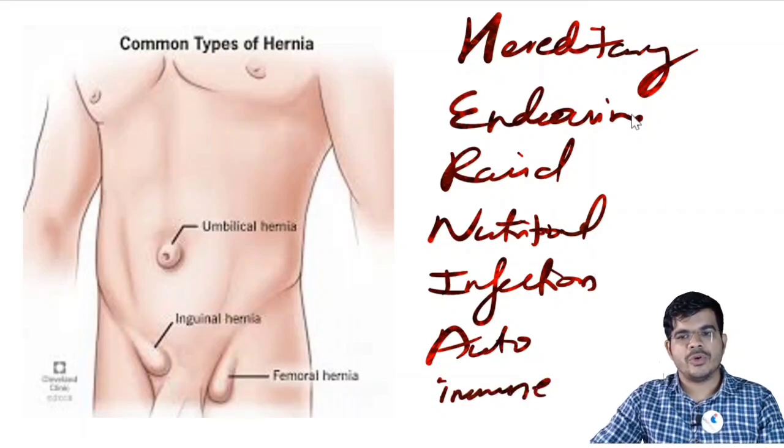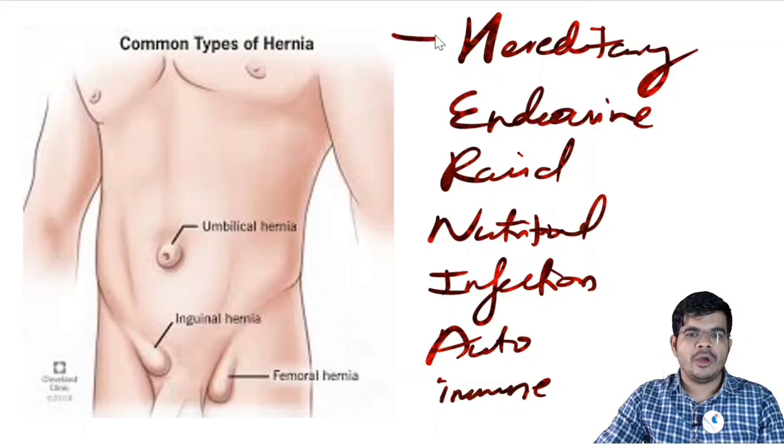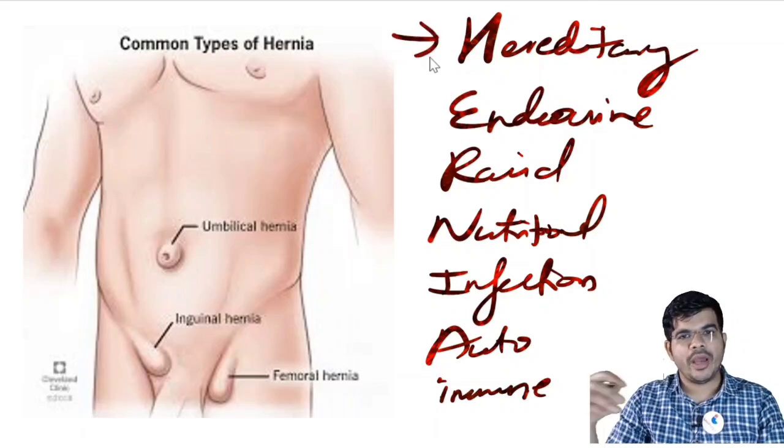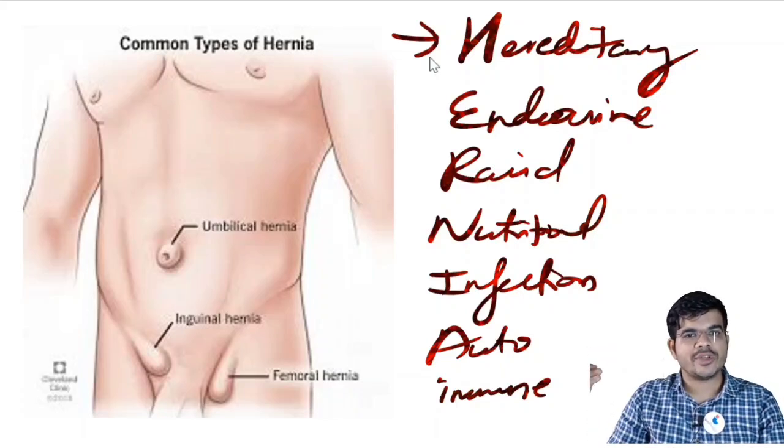So it could be due to hereditary causes, it could be due to endocrine causes like estrogen deficiency, or it could be due to racial factors, like it is more in whites compared to other races. Nutritional, it is due to the deficiency of iron, vitamin D, vitamin A. Such deficiency can cause primary atrophic rhinitis. Infection with Klebsiella ozaenae is postulated to cause primary atrophic rhinitis, and yes, autoimmune etiology has been postulated as well.